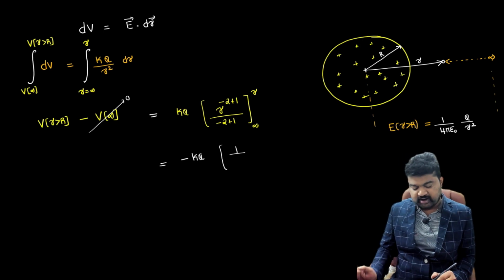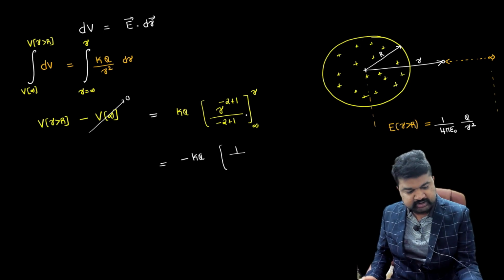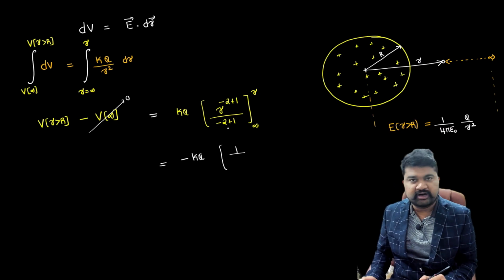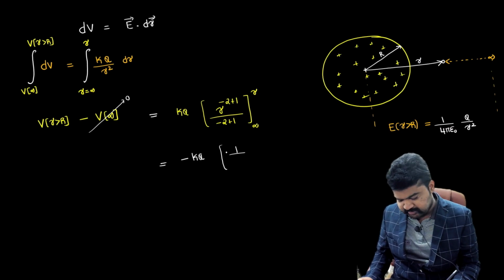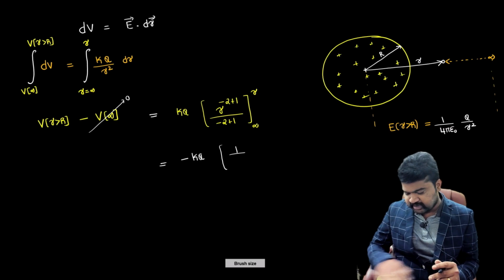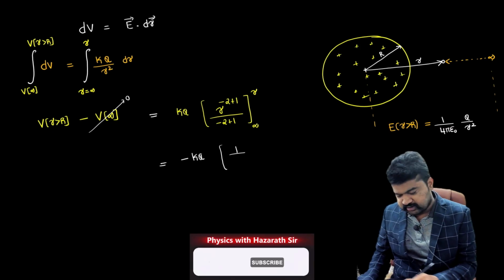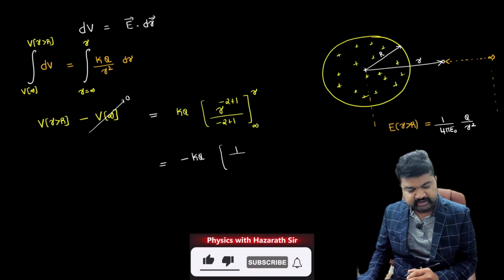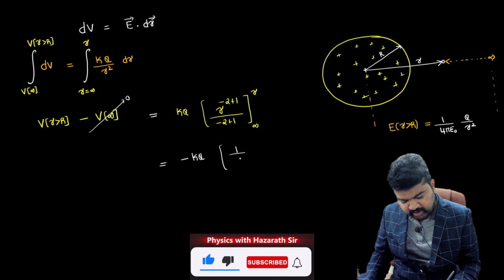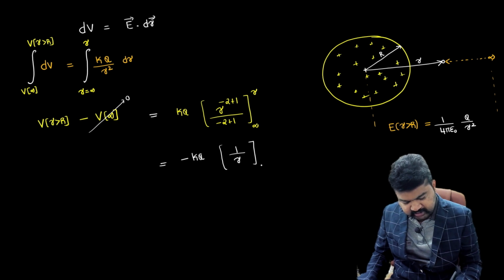This is V of r greater than R. Then from infinite distance to this r, how much will we get? Tell me. V of r greater than R is KQ by r square into dr, then we get 1 by r from infinity to r.